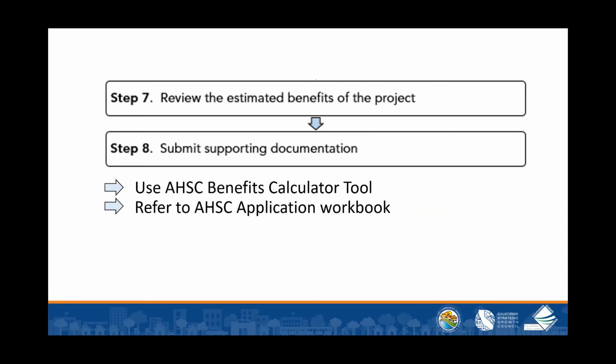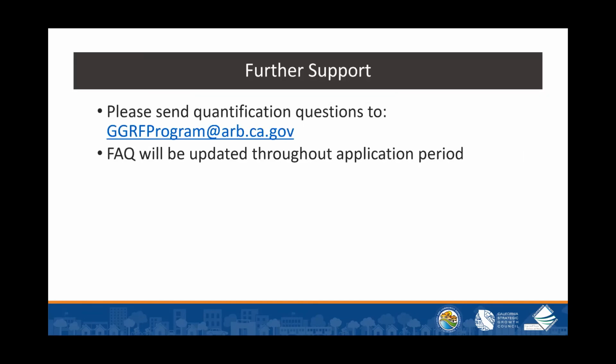Both the summary tabs show project benefits prorated according to the share of GGRF funding from AHSC and other programs. And lastly, use the checklist in the AHSC application workbook to ensure that necessary supporting documentation is provided. Some documentation is required for all projects, while some is specific to just specific project components. Next, please.